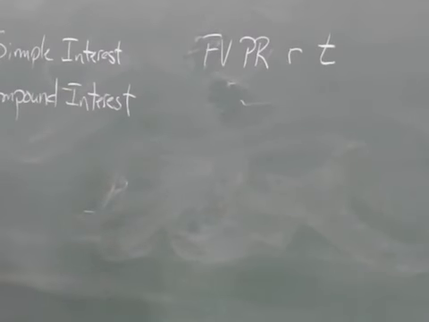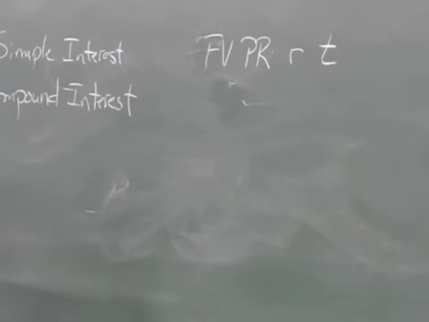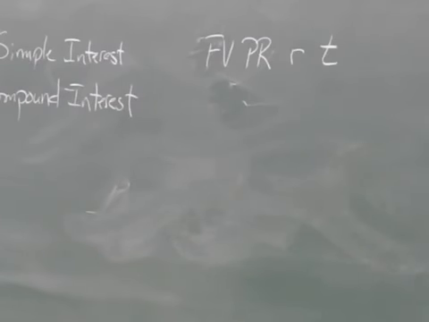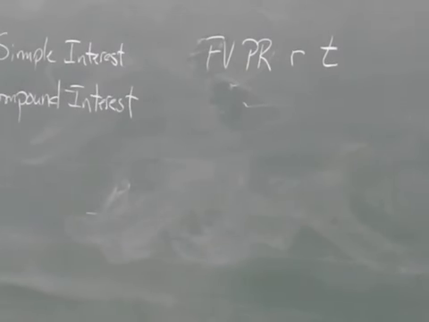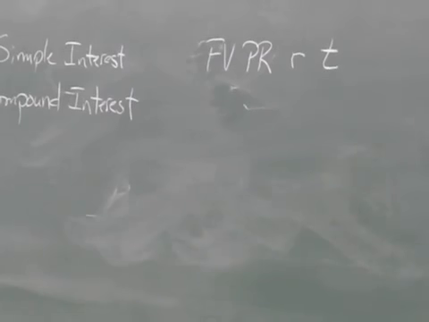FV stands for future value, PV stands for present value, R stands for interest rate, but you should say it more clearly than that. Interest rate, what? Per year. We have to be clear because other people will think it's not per year, but it's per year.